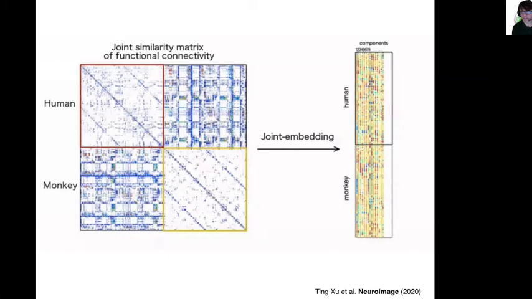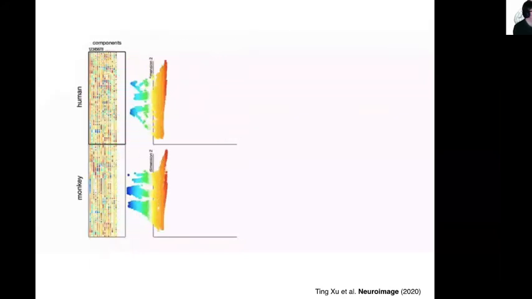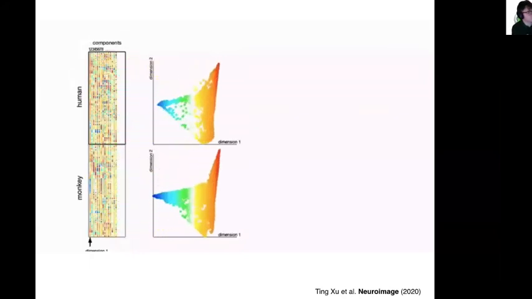I think it was a principal component analysis here. And so you see how you compress your dimensions into a few components. And these components can be projected back onto a scatter plot. Here you have a two-dimension scatter plot that corresponds to component number 1 and component number 2, and you can do that in the human brain on the top and in the monkey brain at the bottom.